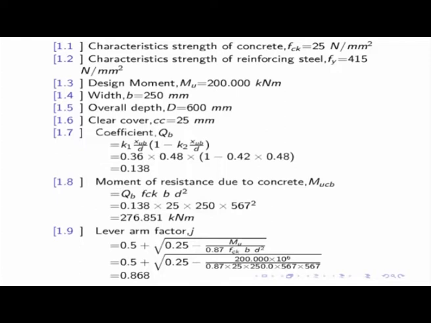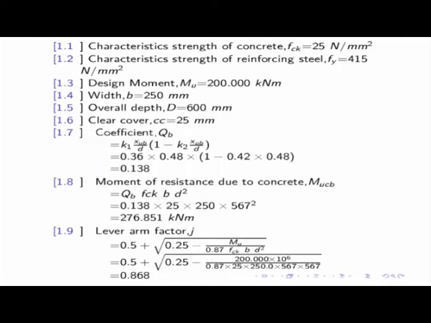Now the next one: I have to find out how much area of steel I have to provide. That is the next question. So here I have found the lever arm factor J, using a very useful formula, 0.5 plus root over 0.25 minus Mu by 0.87 fck b d square.